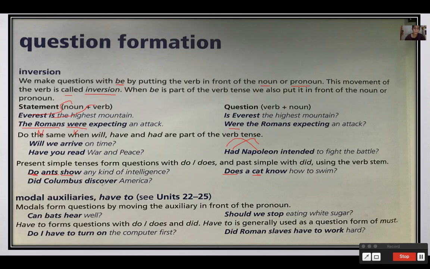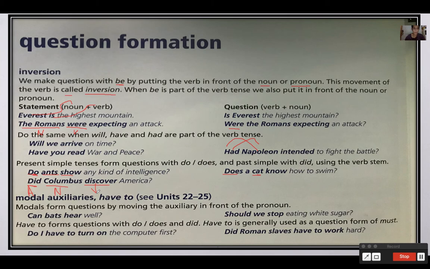Did Columbus discover America? The auxiliary, the noun, and the verb. Okay, remember that. Do not forget it. Auxiliary, noun, and then the verb to make present simple questions.